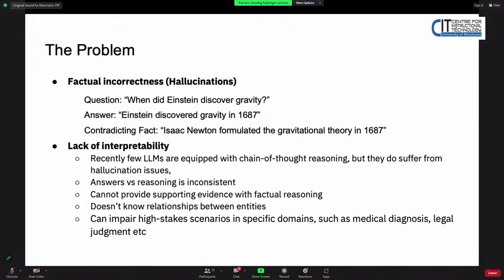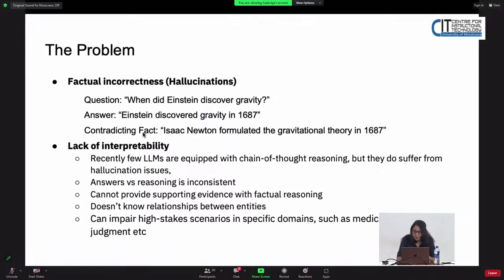Recently, to handle this problem, LLMs have used chain of thought reasoning, where you prompt the LLM with a chain of question and answers, and that helps it arrive at a clear and clean answer compared to a large chunk of text. But still, the reasoning is inconsistent. It gives you an answer, but the reason for the answer is not correct. The underlying cause is it doesn't know the supporting evidence because it doesn't know the facts.